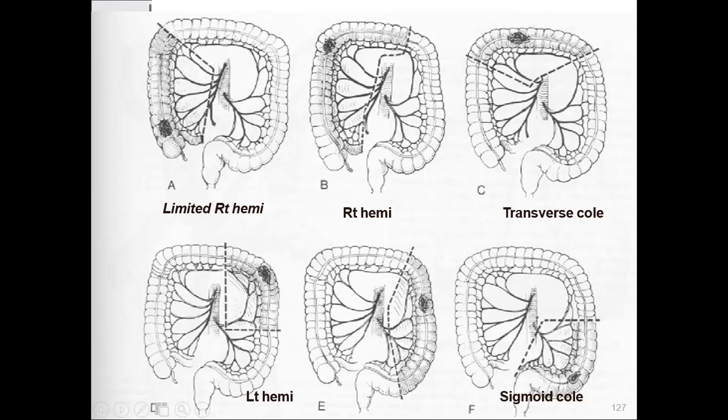By ligating the vessel to the sigmoid colon, we can resect these, and we have to anastomose the ileum with the colon, or do a colocolic anastomosis, depending on the location of the tumor.